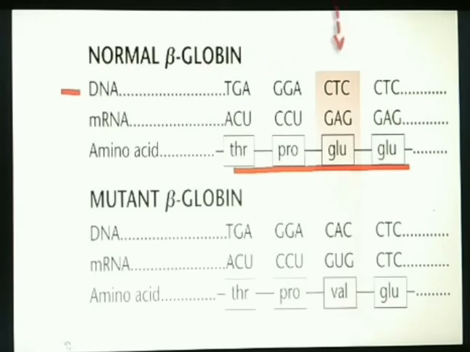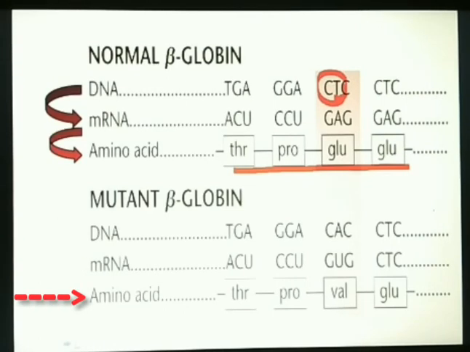Change in one nitrogen base leads to change in the mRNA. We can see here, change in one nitrogen base will change the sequence of mRNA and therefore it will change the sequence of the beta globin chain. Okay? When mRNA gets translated into a protein chain, that is the chain of amino acids or peptide chain.